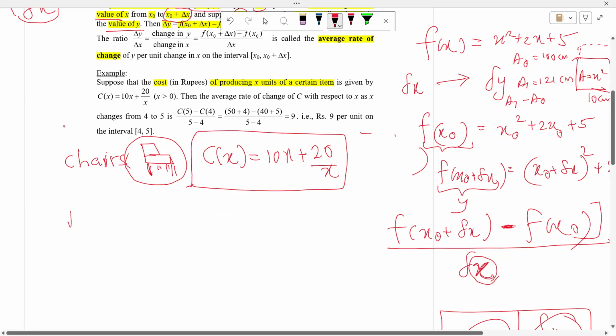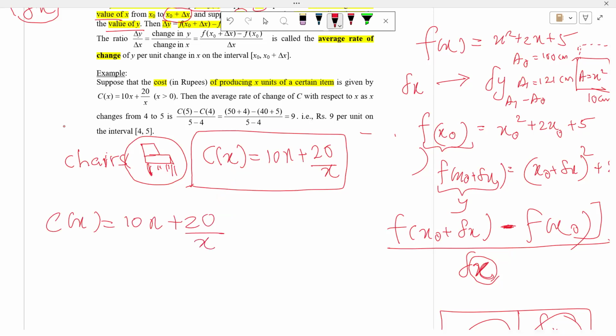Now previously f of X was given, now they are giving C of X is equal to 10x plus 220 over X, right? Now tell me, how about the cost for manufacturing one chair? So how can you find out?